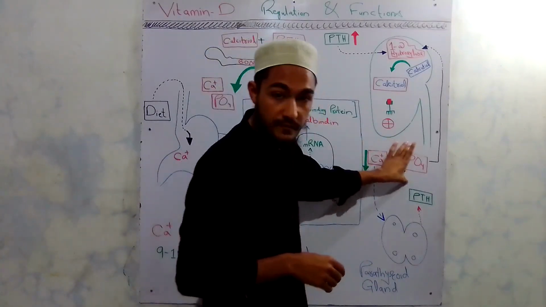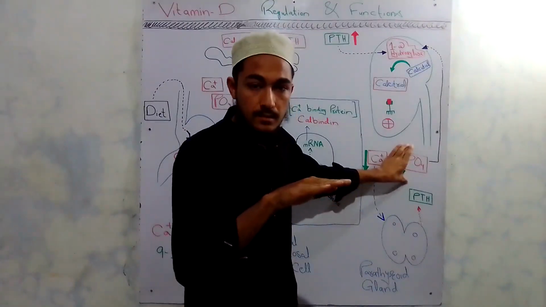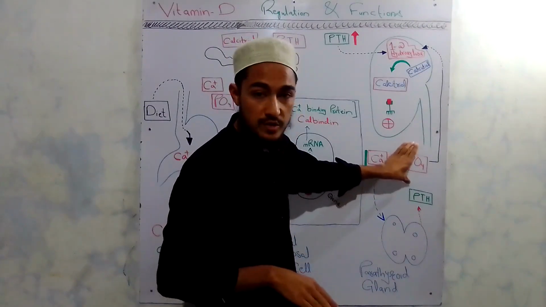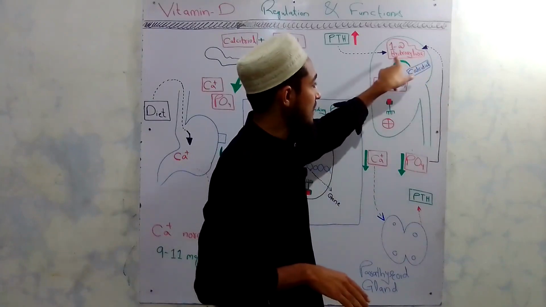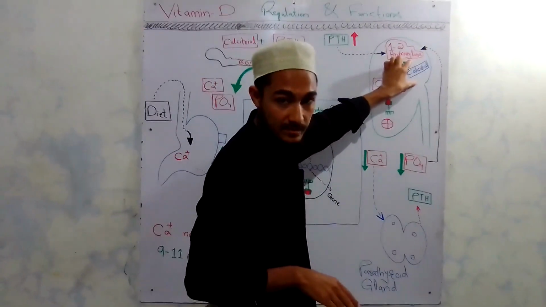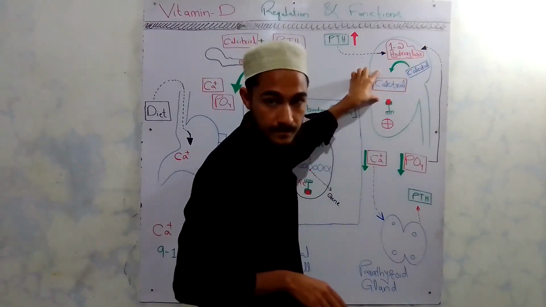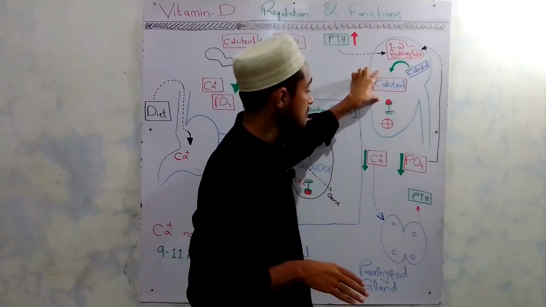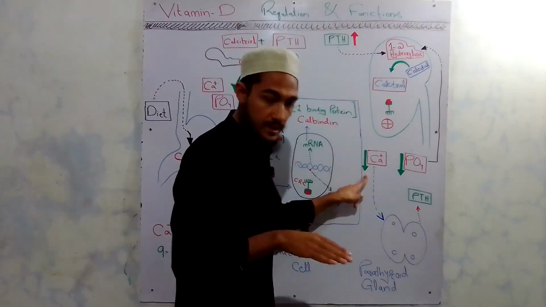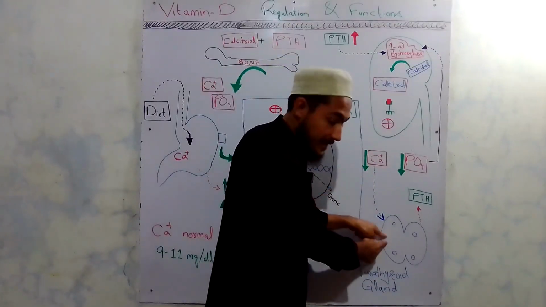When the phosphate level goes down in your blood plasma, then the low phosphate level stimulates the 1-alpha hydroxylase enzyme to convert more calcidiols into calcitriols. And when the calcium level goes down, it stimulates the parathyroid gland.